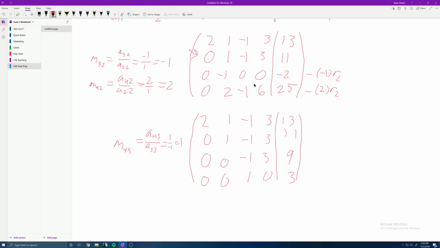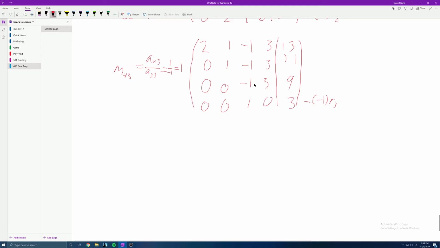So that means for this last row you take 1, or minus negative 1, times R3. That's going to give you 2, 1, negative 1, 3, 13; 0, 1, negative 1, 3, 11; 0, 0, minus 1, 3, 9; 0, 0, 0, 3, 12.